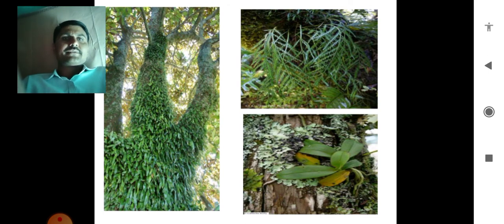See the figures of the epiphytes on the host. There are three diagrams you can observe.